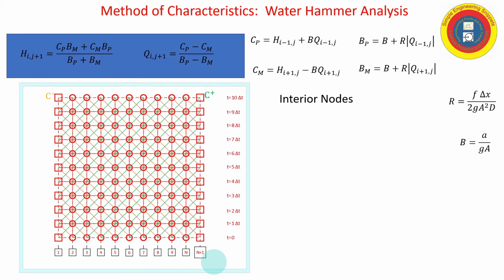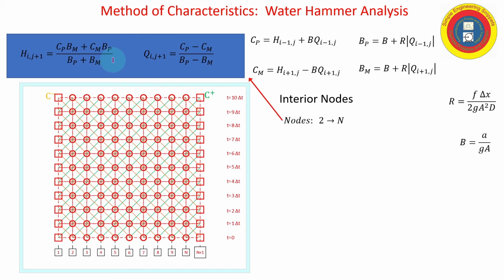Okay, so let's start with the interior nodes, and we've already done all that work actually. That's nodes 2 through n, so they're not at the boundary condition. And so at time equal to 0, we have the initial conditions. We're going to need that. And so we know all the information. Now for nodes 2 through n, we have everything we need to calculate those. And we're going to march up in time doing the interior nodes.